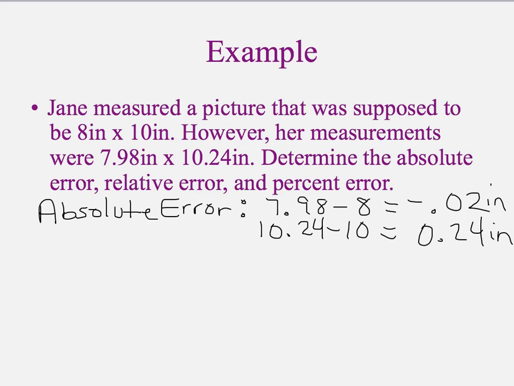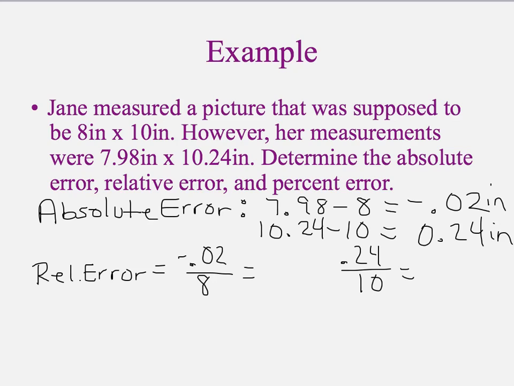And then we also want her relative error. Well, her relative error is the absolute error divided by the true value. So her absolute error, negative 0.02, divided by the true value, which is 8. And 0.24 divided by the true value, which is 10.